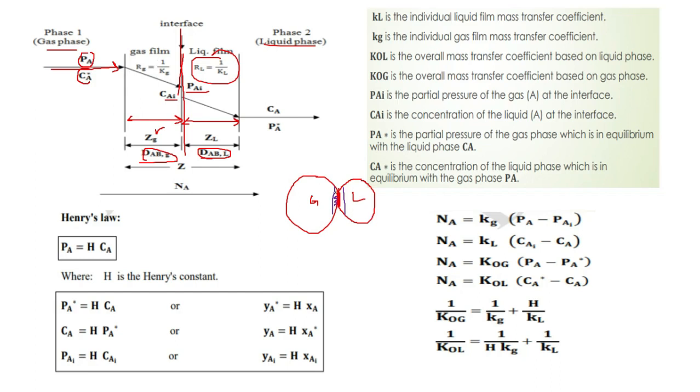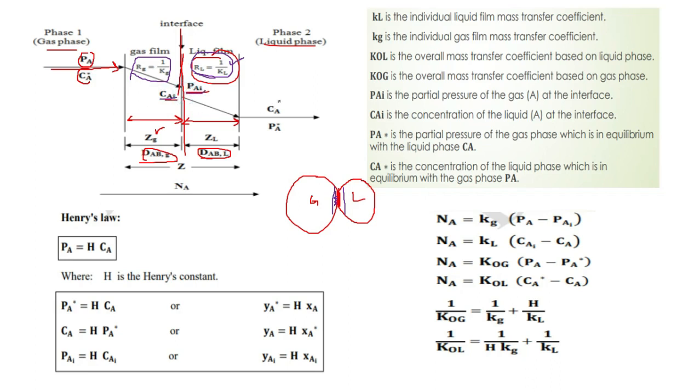So this film offers some resistance to the mass transfer. Okay, so mass transfer will be resisted by this film, and this resistance has this formula. Okay, while the resistance in the side of liquid phase will be represented by this formula, and at the interface the concentration is CAI and the pressure is PAI.